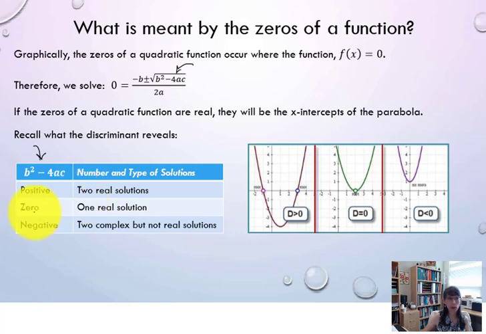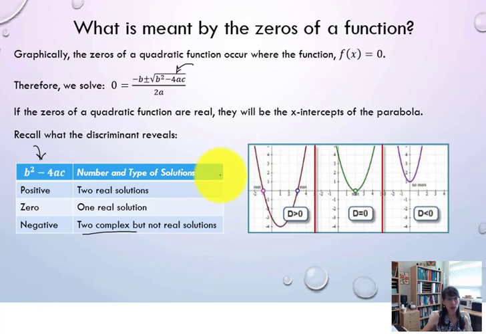If the value under the radical is exactly equal to 0, then we have one real solution because it actually repeats itself, generating two identical solutions, so it's really only one unique real solution. When the value under the radical is a negative number, that will represent two complex but not real solutions.